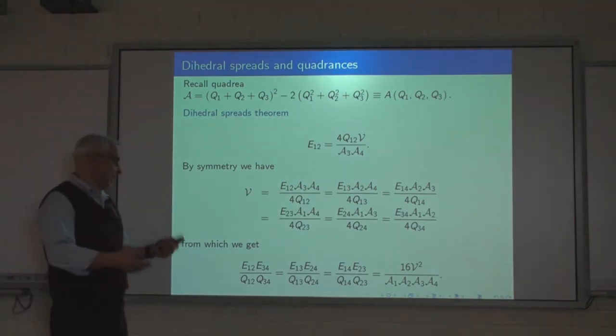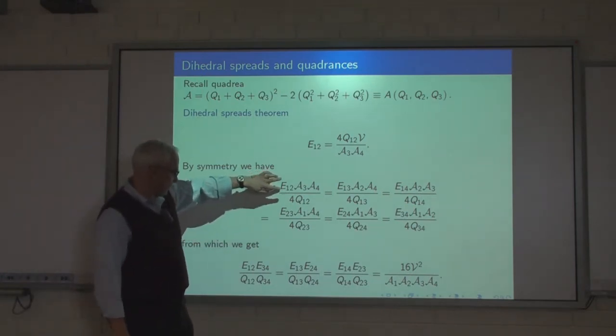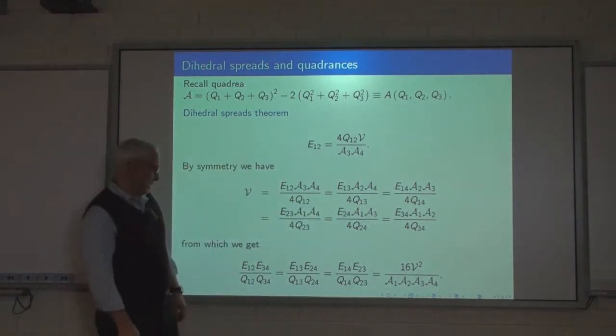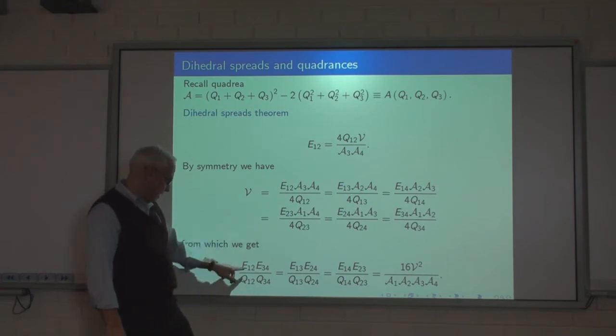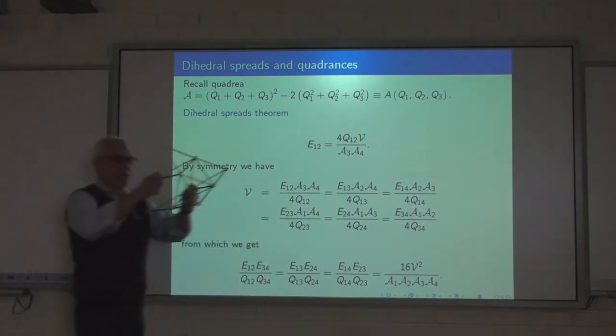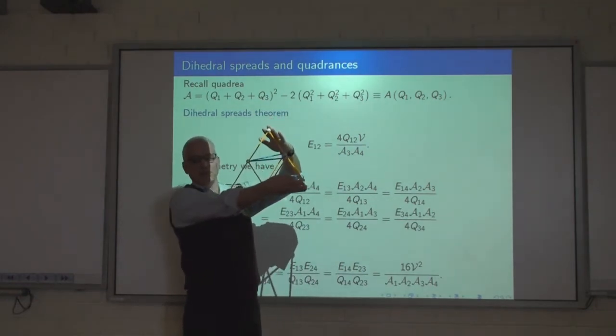And we can do some pleasant things with these formulas. For example, we can multiply this one times this one, and then divide out, and we get that the ratio of E12 to Q34 is constant. What does that mean? So every edge has an opposite edge. This edge is opposite to this one.